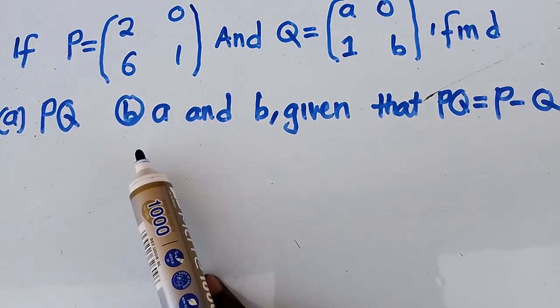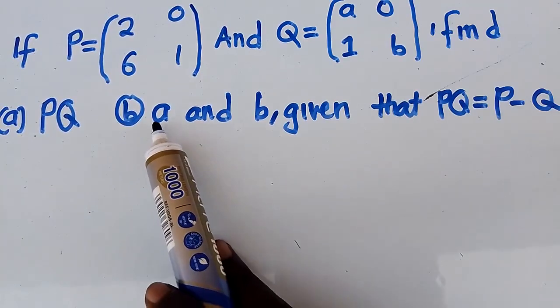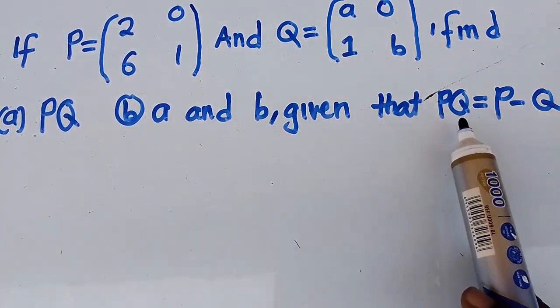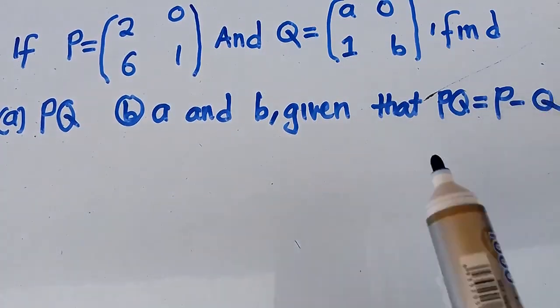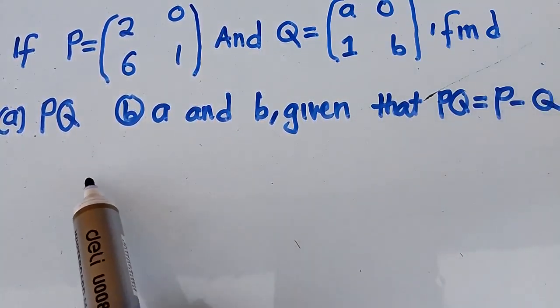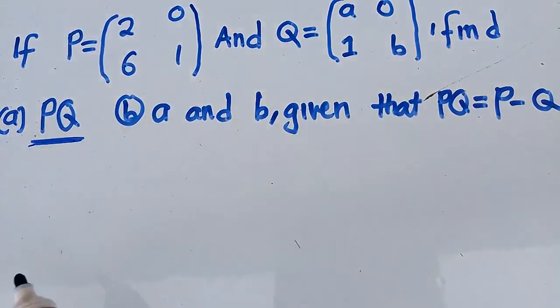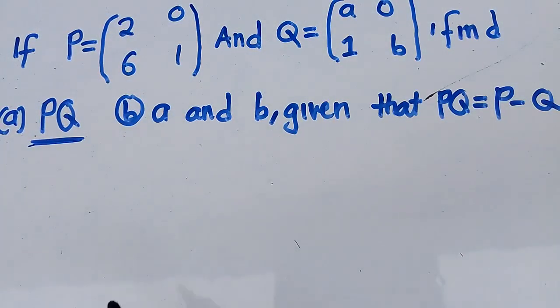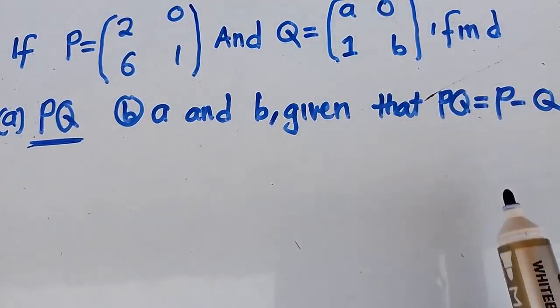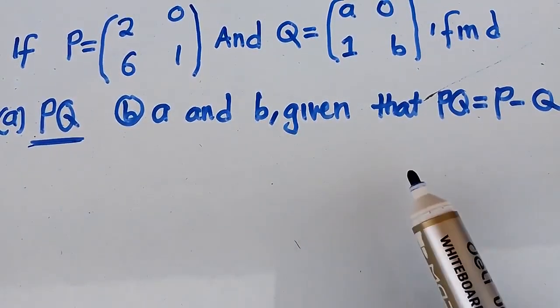Then question B, we are told to find the value of A and B, given that PQ is equal to P minus Q, which means that what is holding this whole question is this part. Once you fail to answer this part, then everything will be difficult. In other words, you are going to fail everything. So I'm going to show you how you can go about this question, how we can answer all these questions.